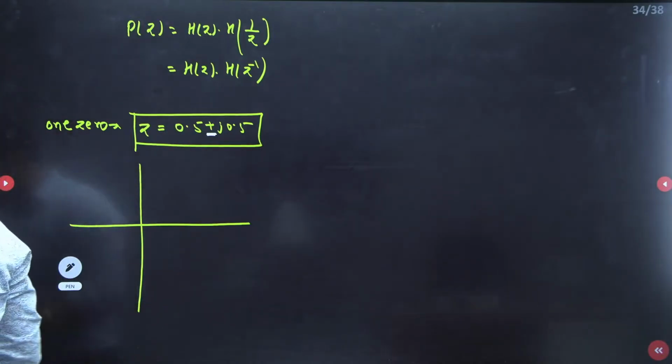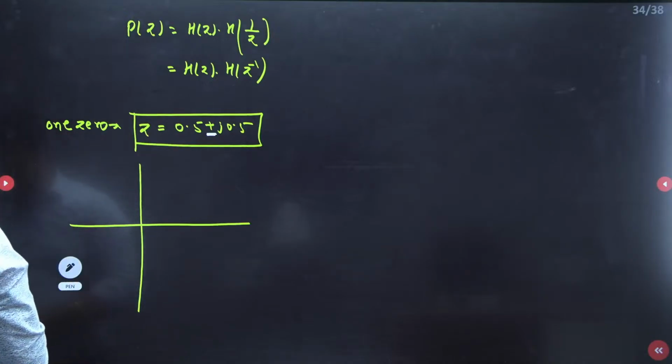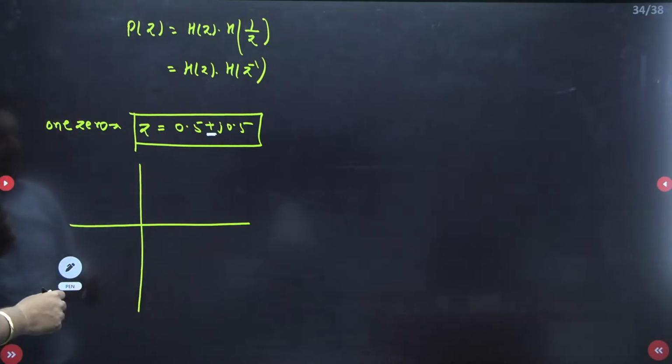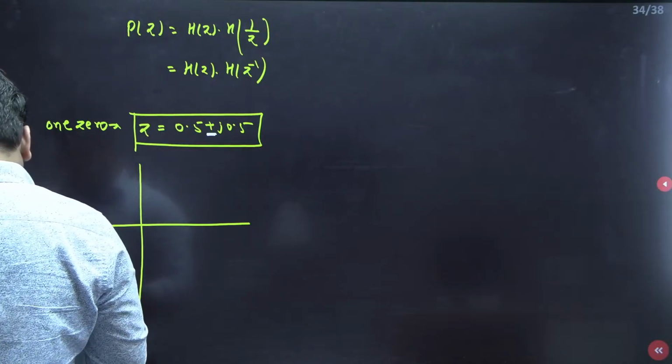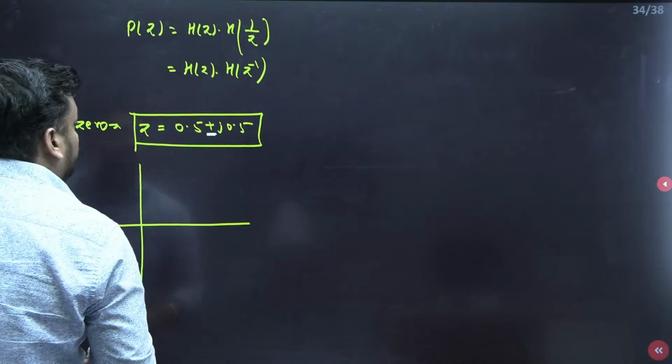So if I make z equal to 0.5 plus j 0.5... Student, am I audible?